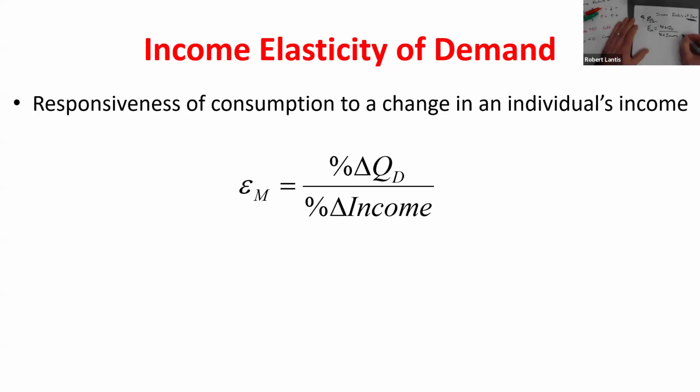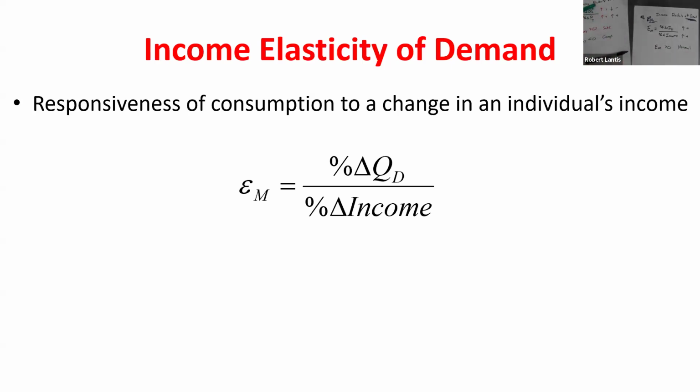Right? So we can kind of do a similar thing. If I see income go up, and as a result, demand also goes up, my income elasticity would be positive over a positive, right? So it would be positive. What type of good would this be? When I have more money, if I demand more of it, we said that was a normal good.